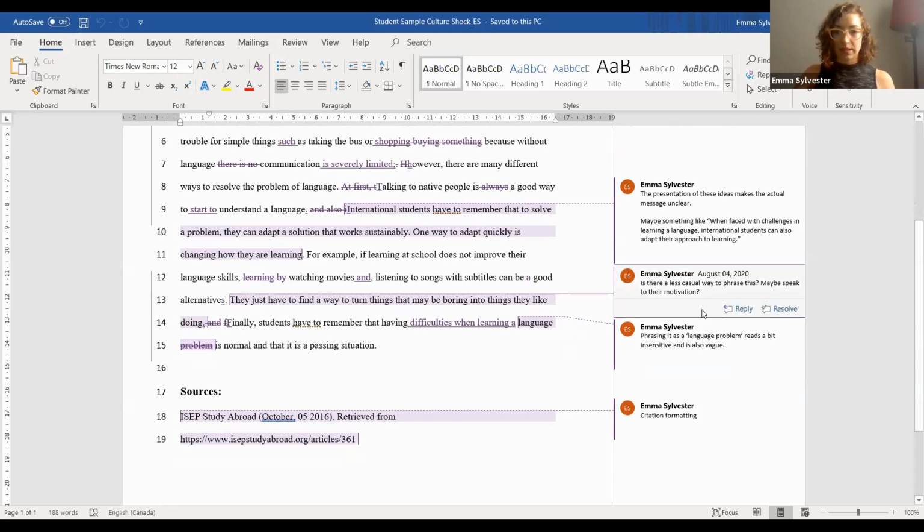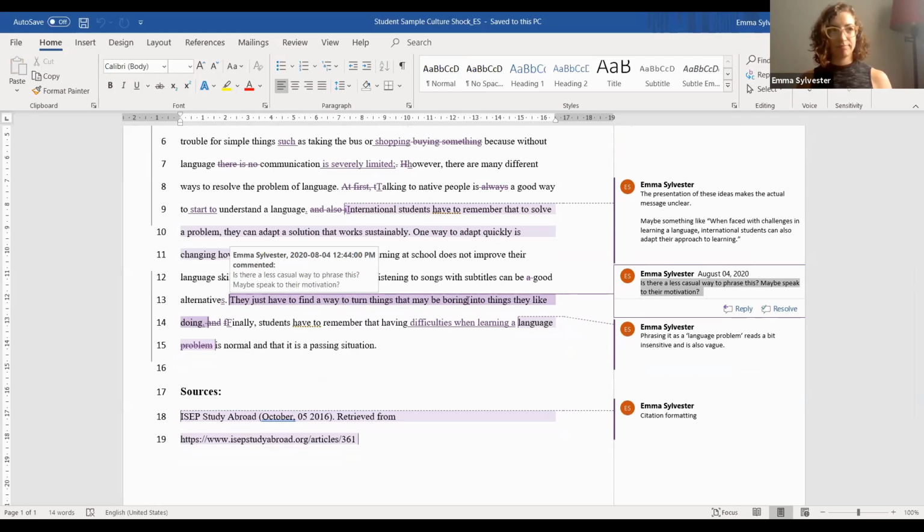I also commented down here, "they just have to find a way to turn things that may be boring into things they like doing." Now it depends on your audience and on your assignment, but this feels a little bit informal to me for an academic piece of writing. That's not the most formal or appropriate way to speak to things. So I just made a comment that says, is there a less casual way to phrase this?